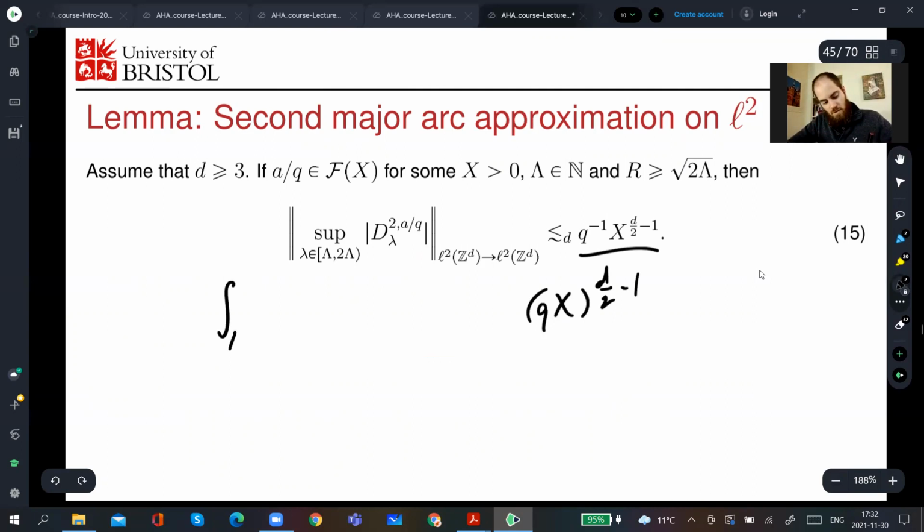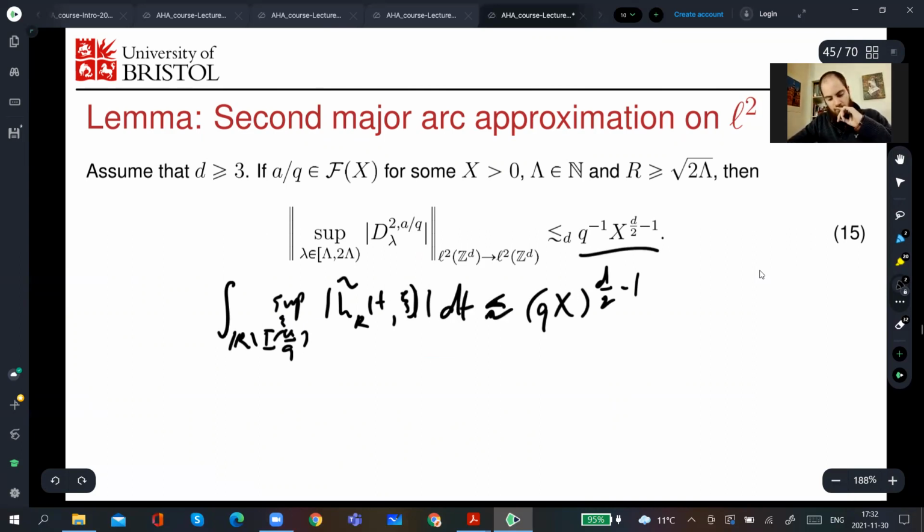The integral over r minus I of a over q, sup over c, of h r t c Fourier transformed. We had this bound. The difference between this and this here is that little d to aq lambda c is a sum of Gauss sums, right?